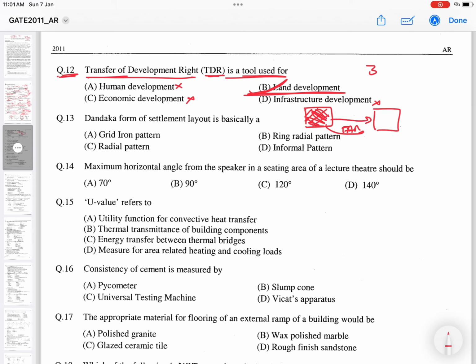So you're just selling your FAR to another plot member who is willing to take it. Plus if you want to increase the FAR, you just have to pay a fee, and that is also considered under the transferable development right. But it is not applicable all over. There are certain rules and there are certain areas associated to this.